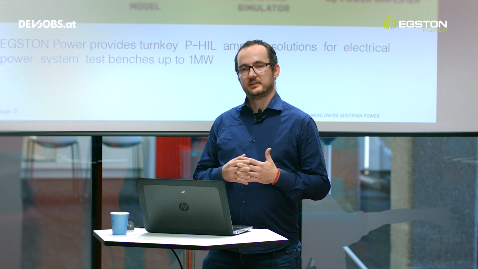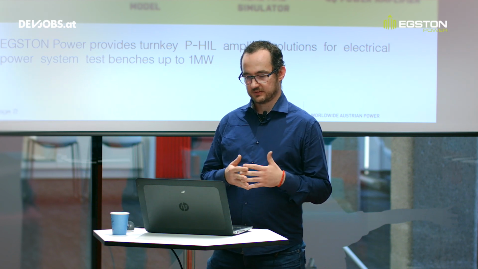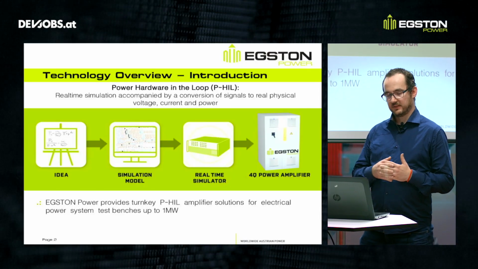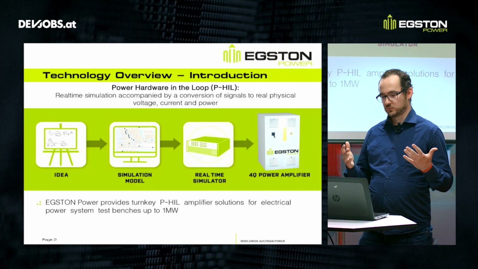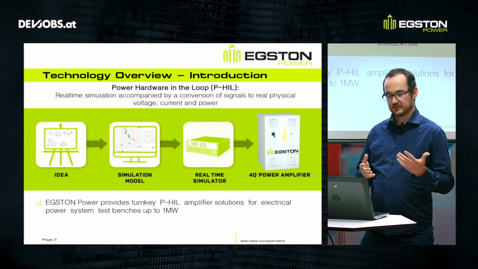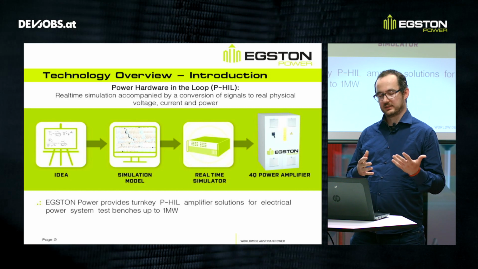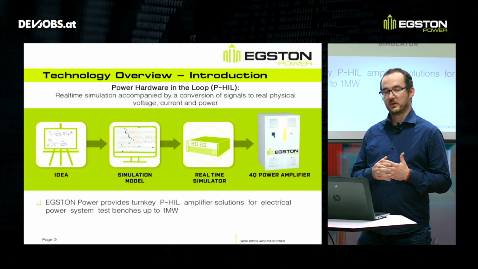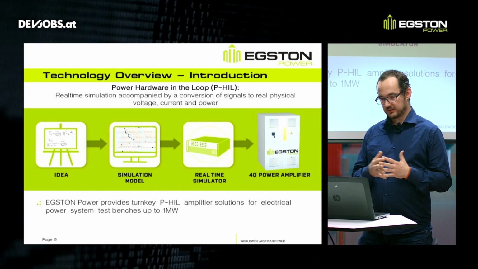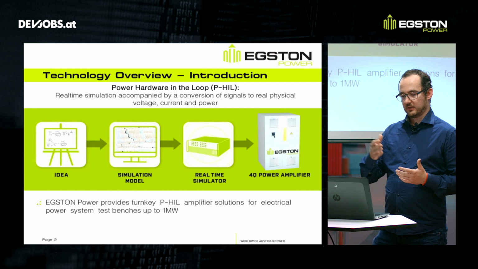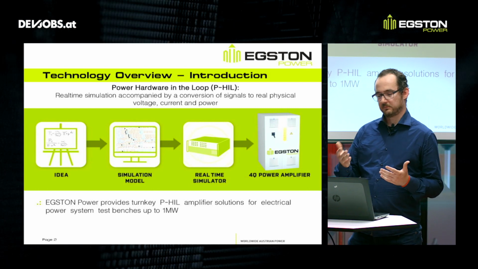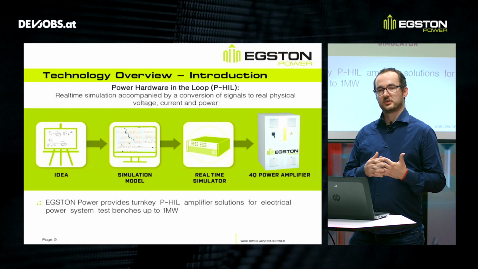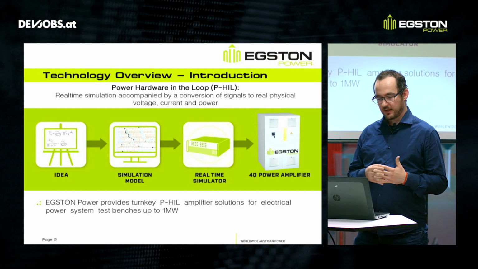In order to understand in a better way what power hardware in the loop is, there is a simple illustration here. In a classical development cycle, when a development team, an R&D team, wants to develop something like an inverter or any other device in power electronics, usually the classical flow is to start with an idea, go to a simulation model, simulate it and validate the model, then probably also speed up the simulation by means of using the real-time simulator.